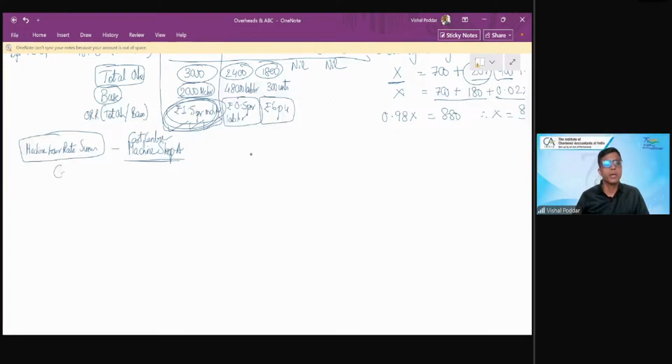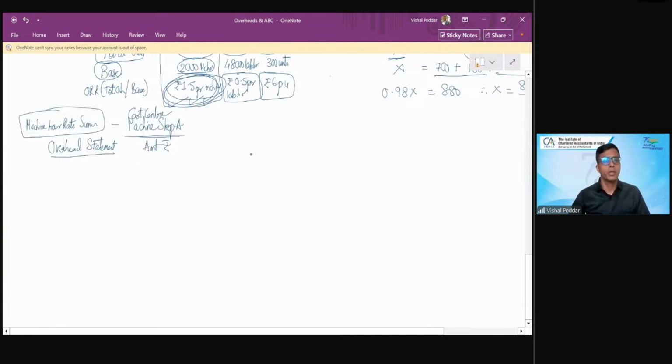In this type of question, we do the same thing. We first prepare, now here I'm calling it a cost sheet, but it is not actually a cost sheet because we are not finding out the cost of each product. So to avoid any confusion, I will simply say overheads statement or cost, amount in rupees. Now here you have to remember, we have to do only one department. Within this one department, which in my example is machine shop A, there are 10 machines.